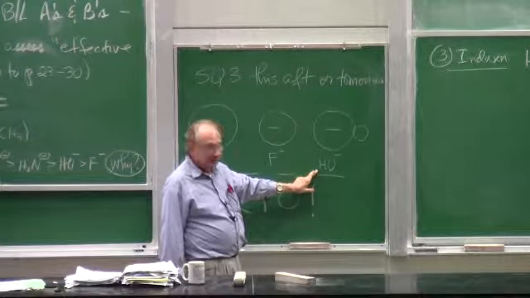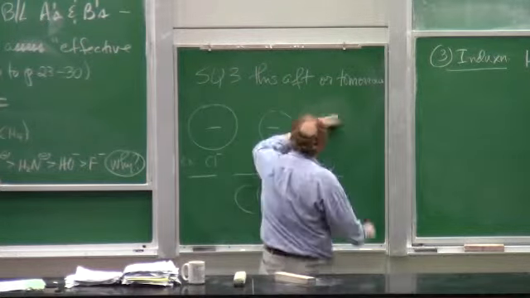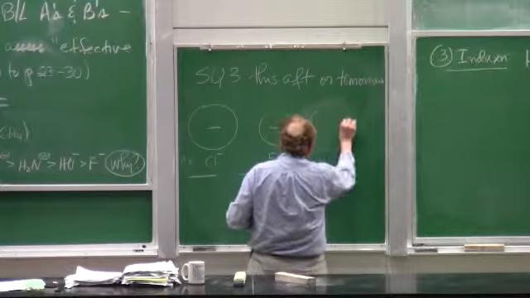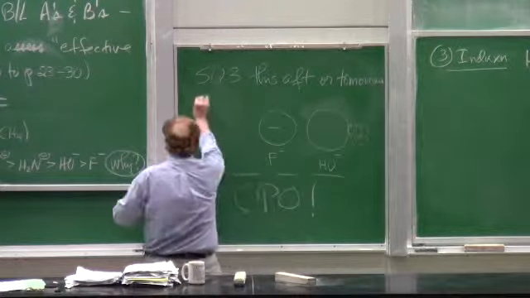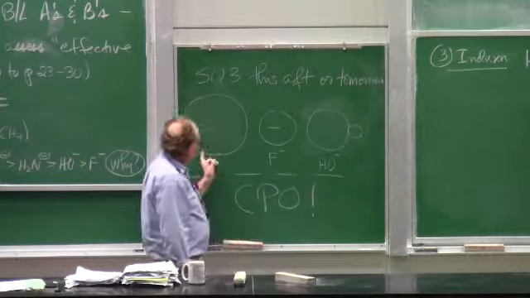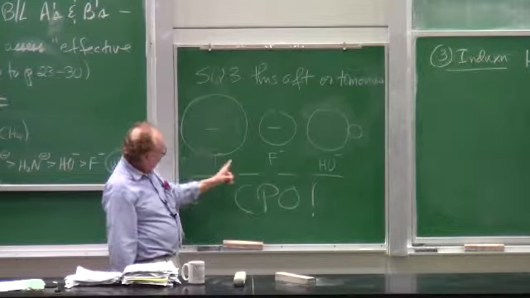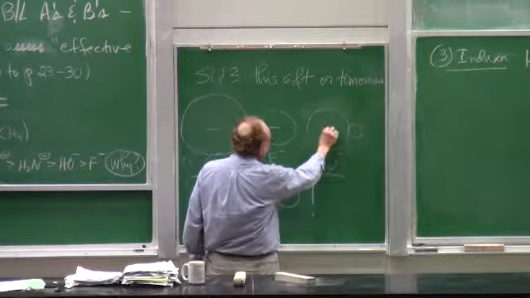Okay? Now then, let me redraw this so I can exaggerate. Here, big difference in size, chloride ion versus fluoride ion. Here, not much difference in size, just a little bit bigger.